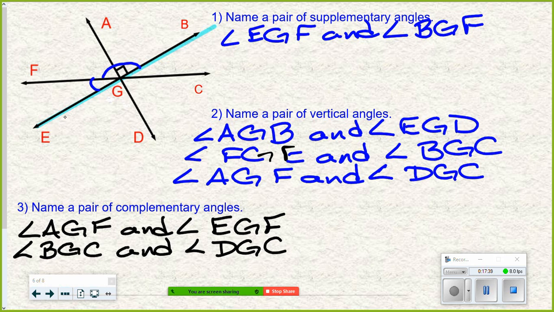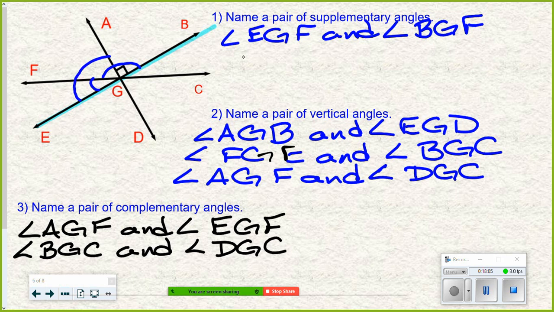I just picked EGF. So I could have gone EGA, from here to here.